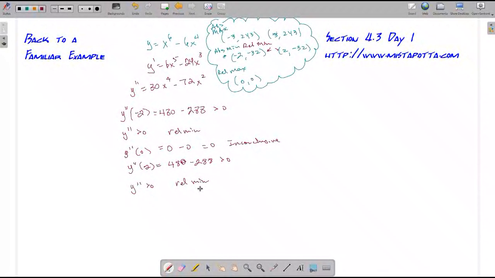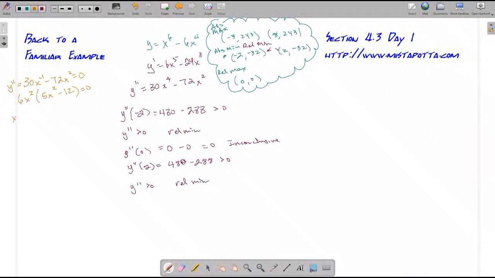But the other thing I wanted to talk about is this idea of concavity. So if I were to take this 30x to the fourth minus 72x squared, this y double prime, and set it equal to 0, I'm going to have to do some factoring here. I'm going to factor out a 6x squared, and that's going to leave me with 5x squared minus 12.